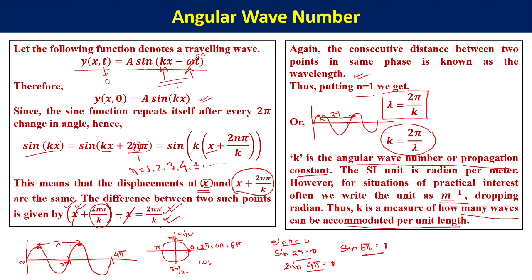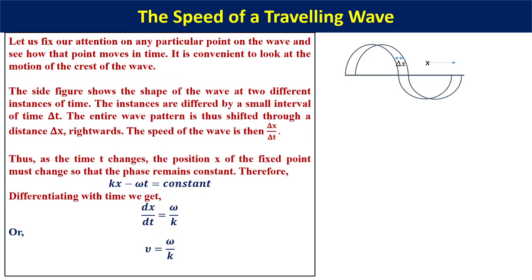All right, so let's go to the next slide, the speed of a traveling wave. This is very important: what do we mean by the speed of a wave? There are a lot of things written over here, I will not go into that. I will simply draw your attention to this particular wave. Let us consider this is the status of the wave. Let me designate it to be 1 and this to be 2.